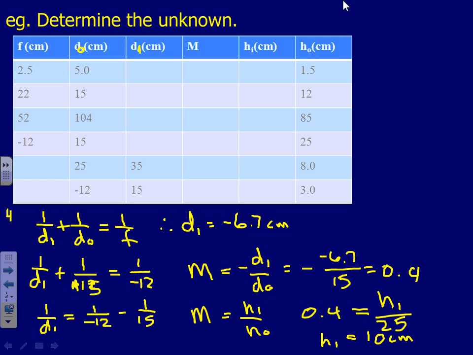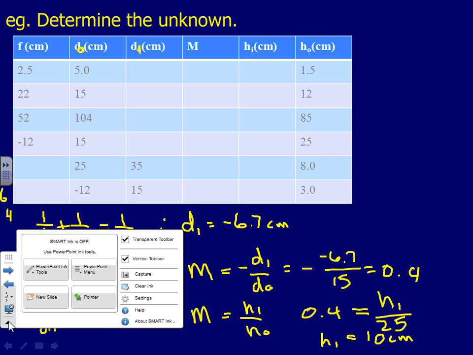I'm going to do number 6 next. Number 6. Clear on the screen. 0.4 times 25 is 6.